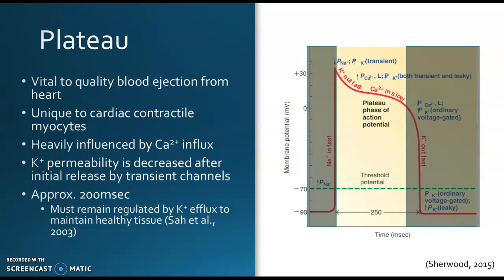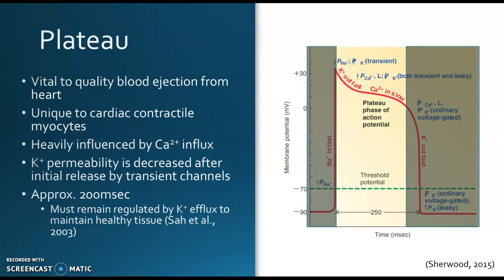One thing that I think is important to remember is we want this to be in that approximate time frame. So just like when we talk about homeostasis and any other aspect of our body, we want to make sure that our plateau phase is sustained so that it's as long as it's supposed to be, but we also don't want it to be too long.